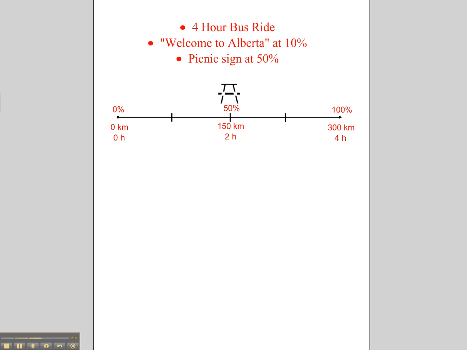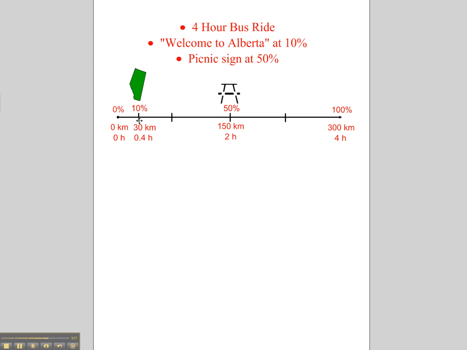That's going to help us later on when we try to answer our reflecting questions. Since this is a half point here of 150, that's approximately 75 kilometers. And so not half of 75 kilometers, but probably more like a third of it. It would be 10% here. So somewhere around here, not exactly, is 10% of the trip.